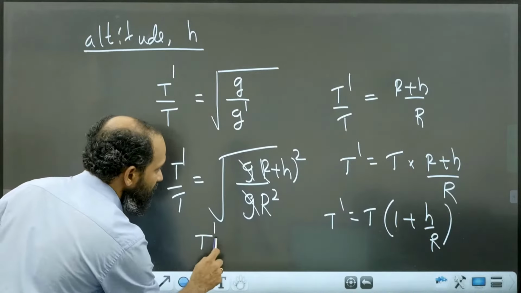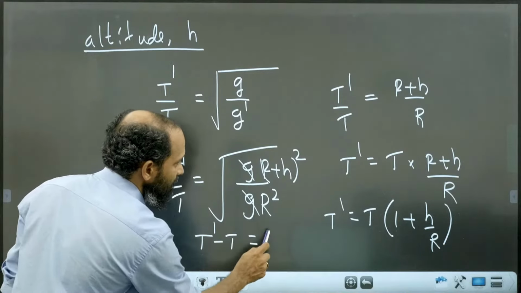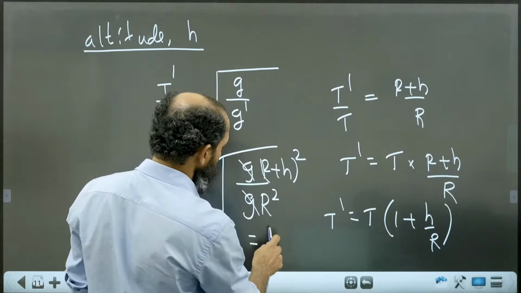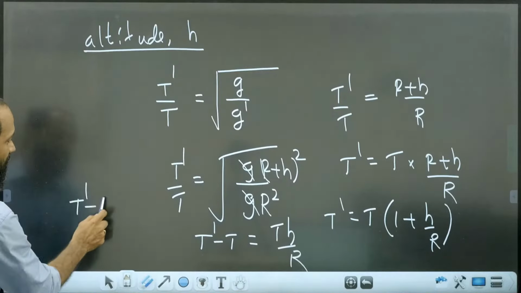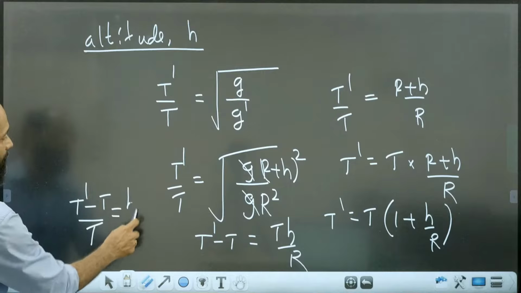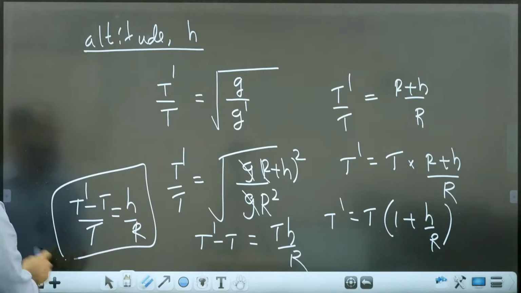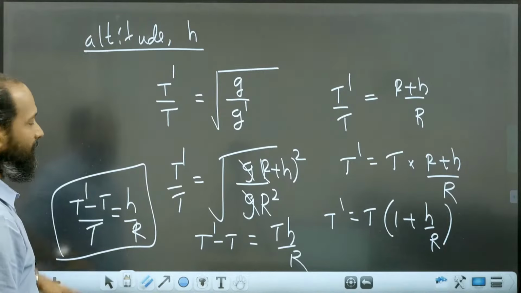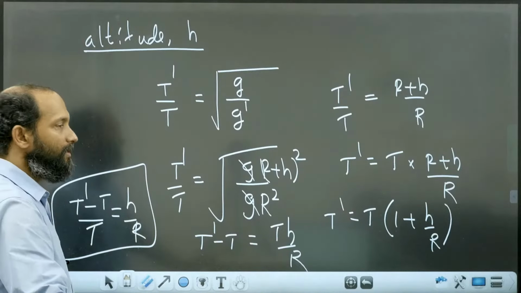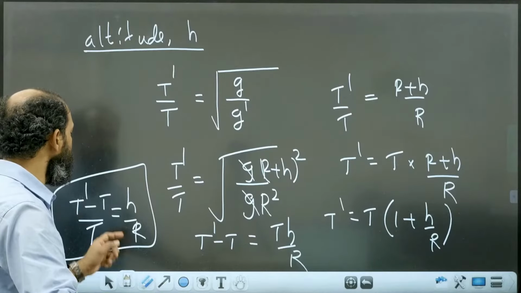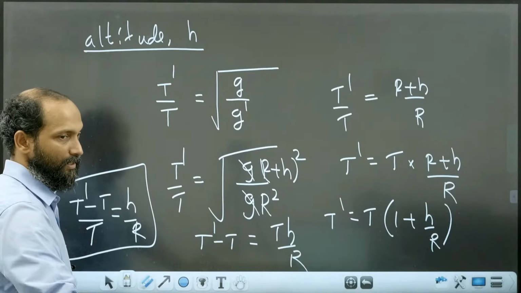That is, T dash minus T is T h by r. That is, T dash minus T by T is h by r. T dash minus T by T can be measured as the percentage change in the time period of a pendulum when taken to height h above the surface of earth.